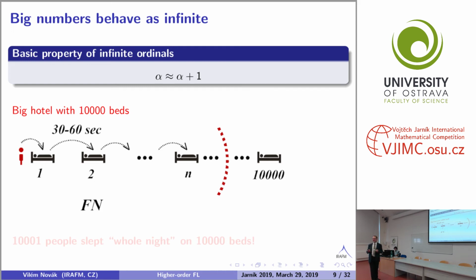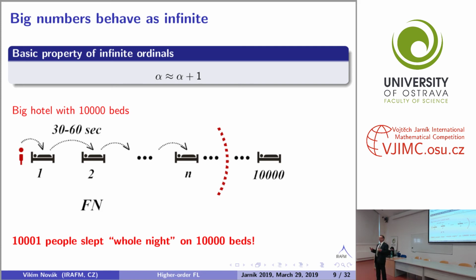Because if you are waking up for say 60 seconds during the night for going to the restroom or wherever, you can't say that you didn't sleep the whole night. This small break plays no role. So the conclusion is that 10,001 people slept the whole night on 10,000 beds. So the conclusion is that really this mapping is realized here.